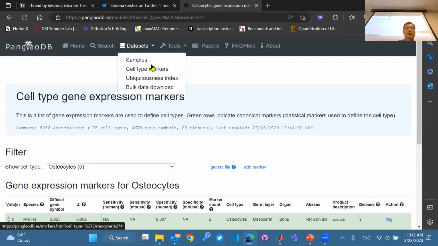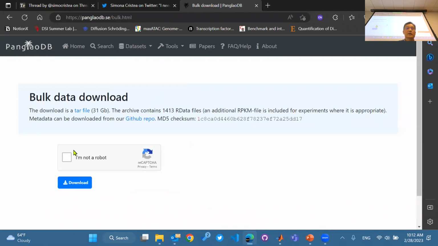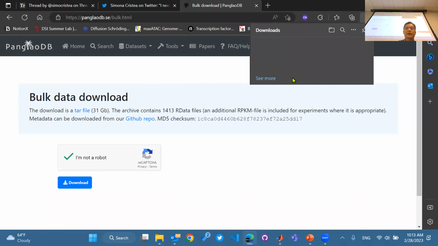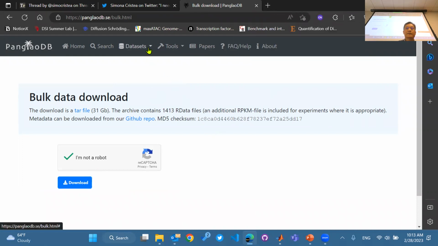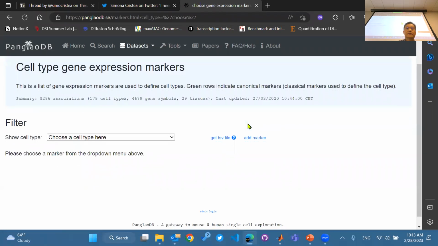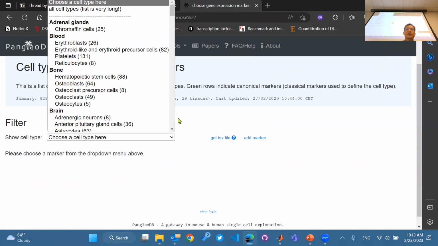And you can download the data. Okay, this is too big for me. Anyway, you have a database of marker genes.